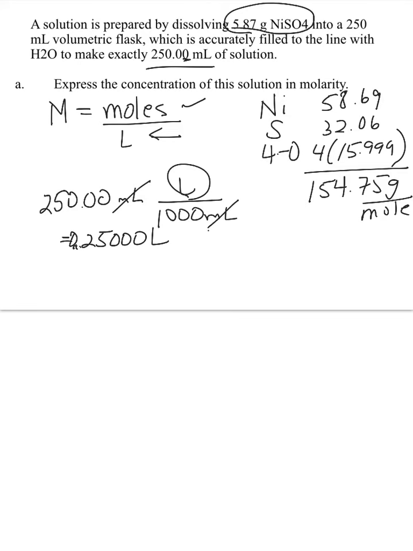All right, so then how many moles do we have? Well, we know we have 5.87 grams of nickel sulfate, and the molar mass we calculated over here. So again, put the 154.75 in the denominator so that the grams will cancel, and then moles is in the numerator.